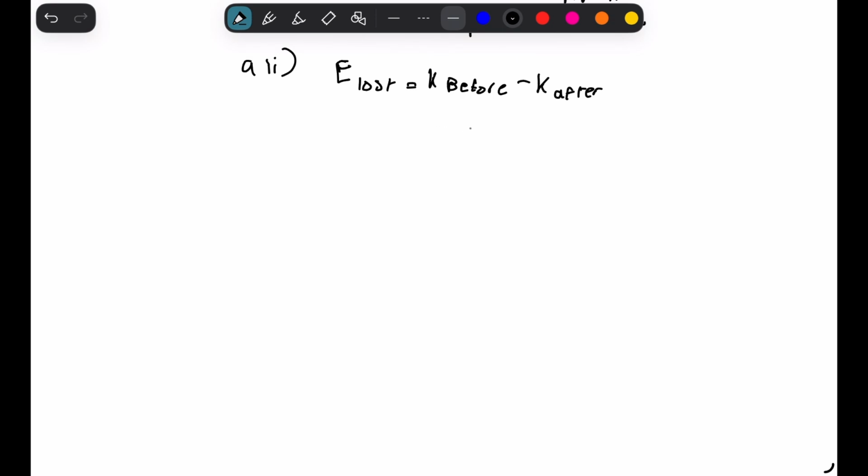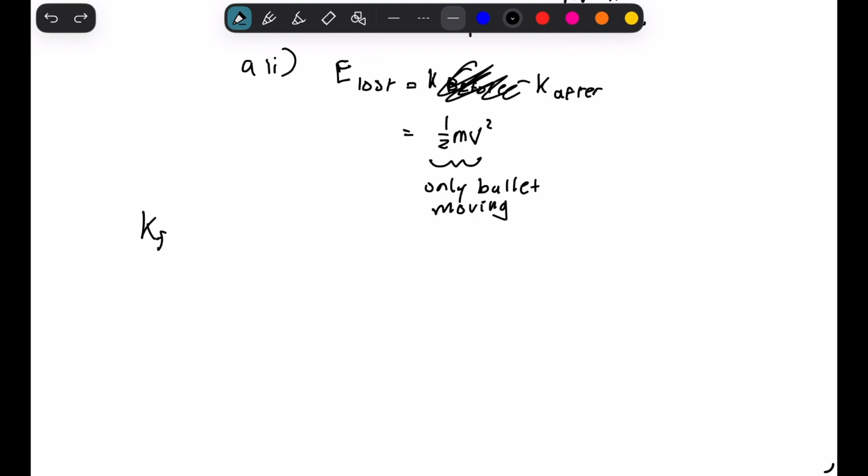In the beginning we had 1/2 m v squared, because only the bullet was moving. Then after the collision, let's just do K initial minus K final. K final is going to be 1/2 (M plus m) v2 squared.